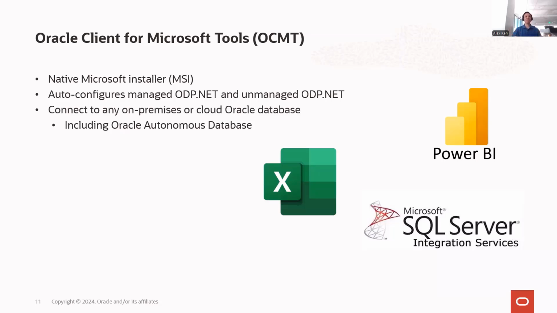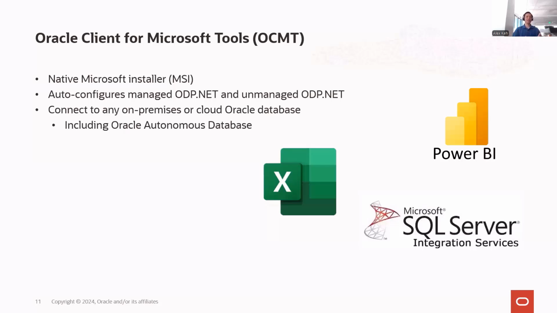And specifically, what's installing on your computer is Oracle Data Provider for .NET. That's Oracle's .NET Data Provider for ADO.NET. And it will auto-configure that for you. So we have 2 flavors of the provider, managed and unmanaged. The version that's going to be used will depend on what the Microsoft tool has chosen to use. Unmanaged ODP.NET is the one used by Power BI Service and Power BI Desktop. Microsoft is currently migrating that over to managed ODP.NET.